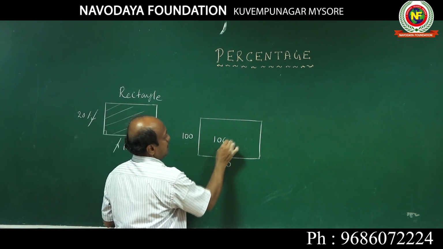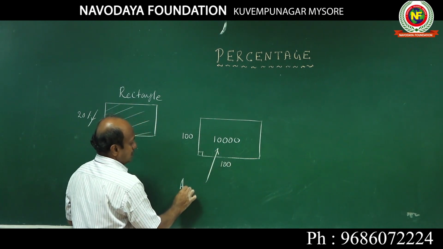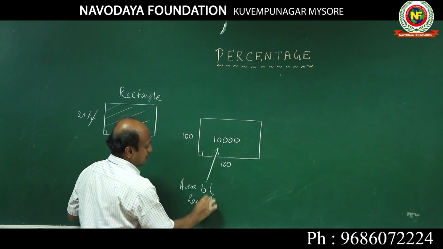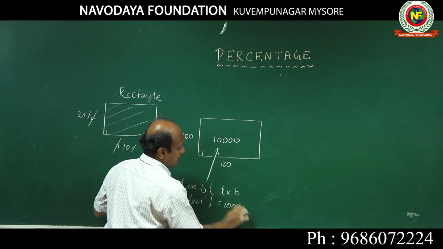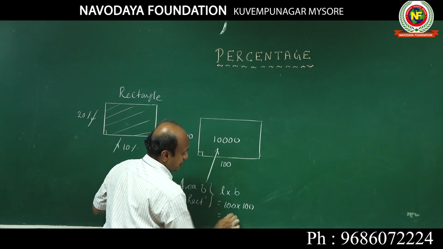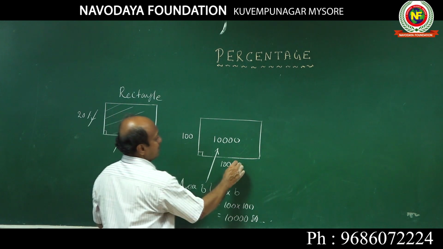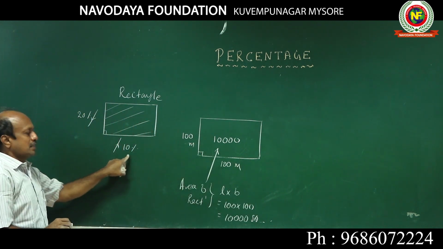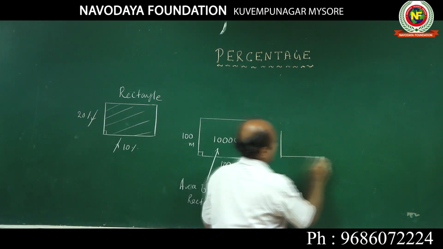It is 10,000, because the area of a rectangle is length into breadth, 100 into 100, which is 10,000 square units. Consider, for example, meters. Now what happened? The length is increased by 10%.